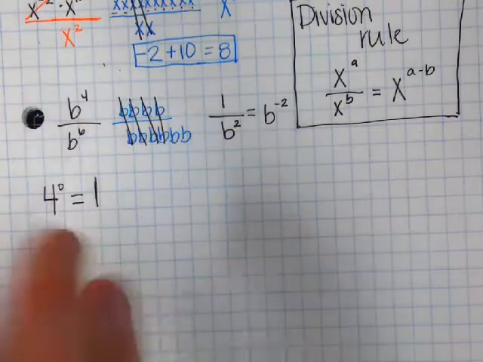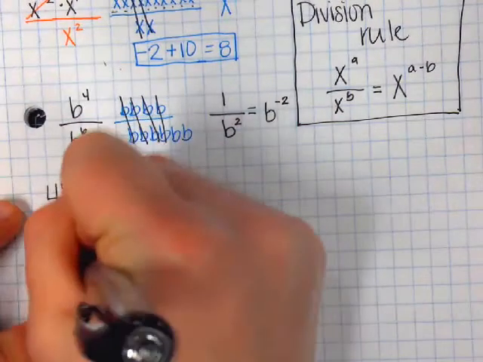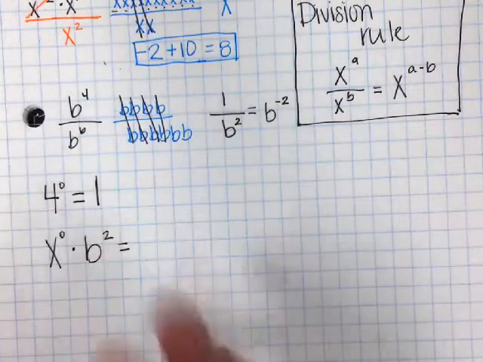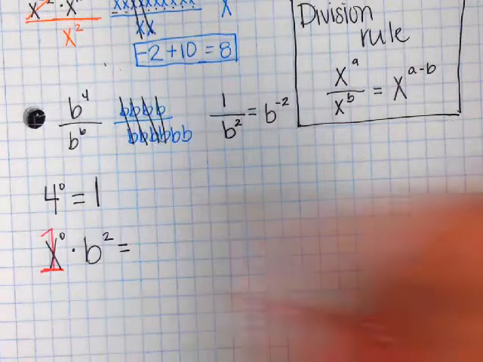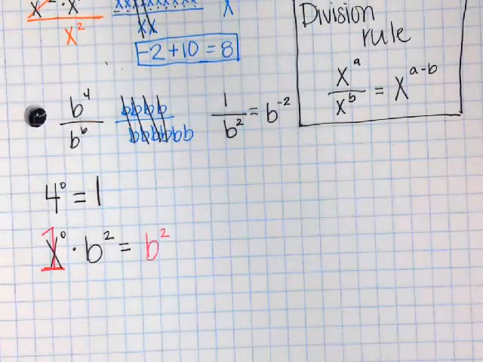So if I wrote it as x to the 0 power times b squared, x to the 0 power is 1, times b squared, so the answer would just be b squared.